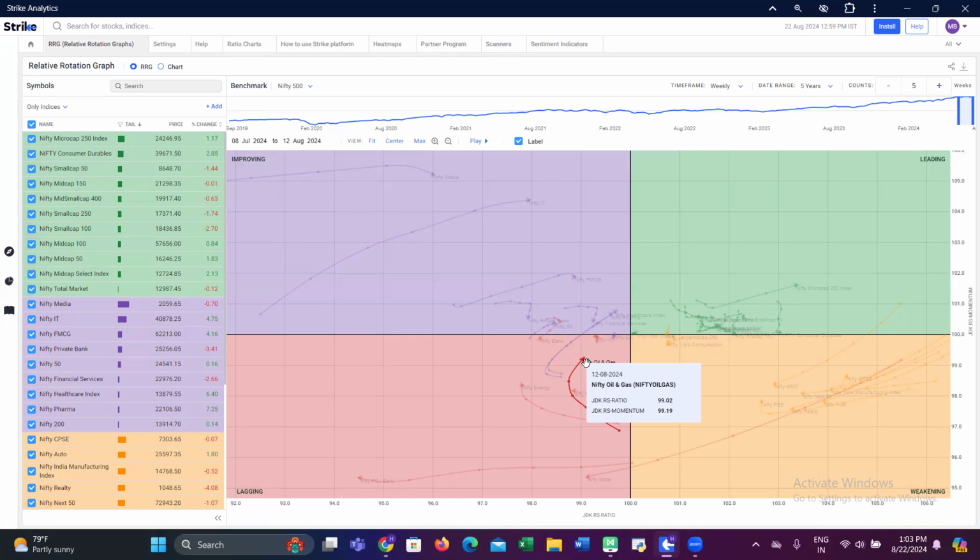as of 12th of August. And then it is getting into improving, and then it will get into leading, right? If it continues. And some people might take a position when things are getting into improving.